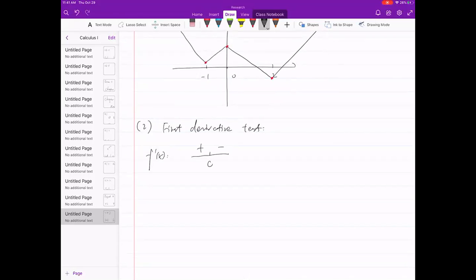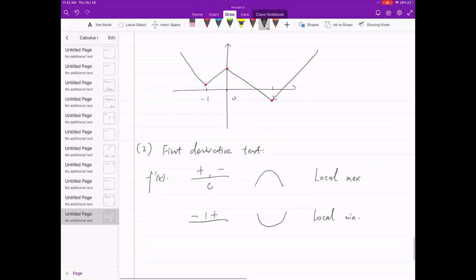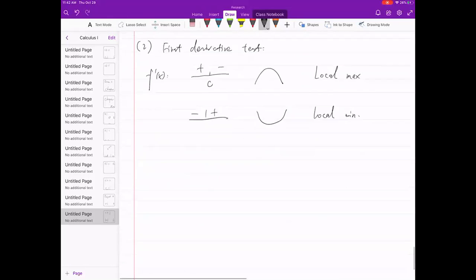It was increasing before, decreasing after. This implies you have a local maximum. If it's decreasing before, it's increasing after. This implies you have a local minimum. That means once you have the table, you don't have to bother to, in addition, find local maximum or minimum. It's there for free.